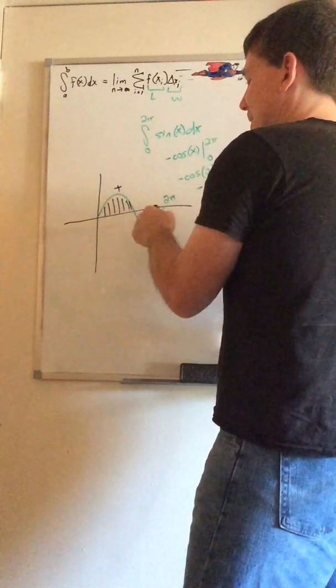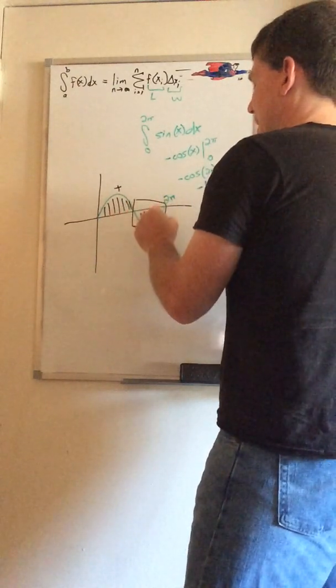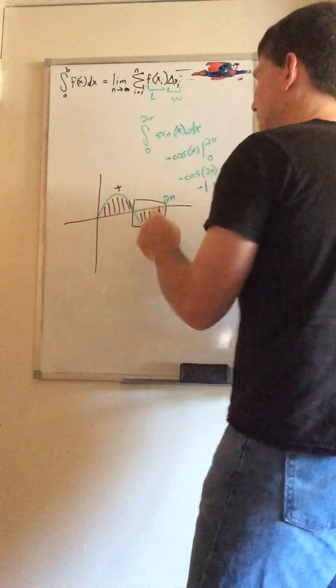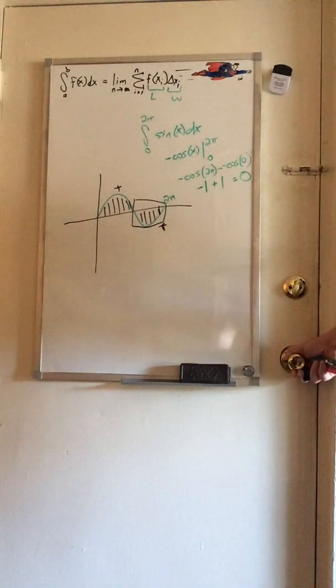This is negative, so I want to find this area right here, and then I'm going to take the absolute value of it and make it positive. Just understand, it's the difference between find the area under the curve and find the area between the curve and the x-axis.